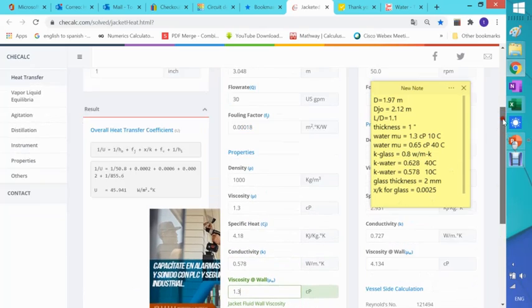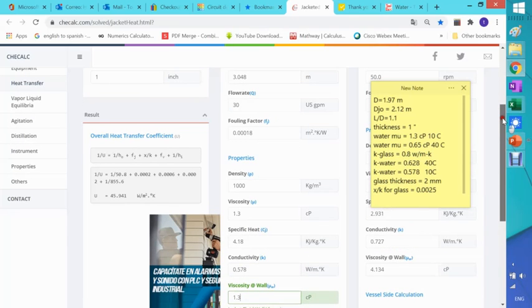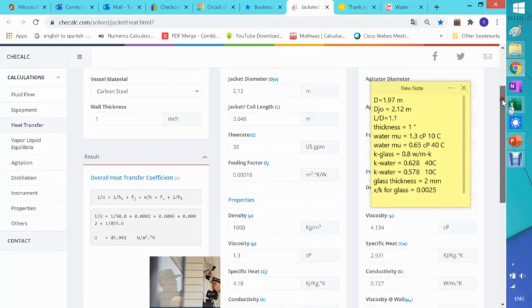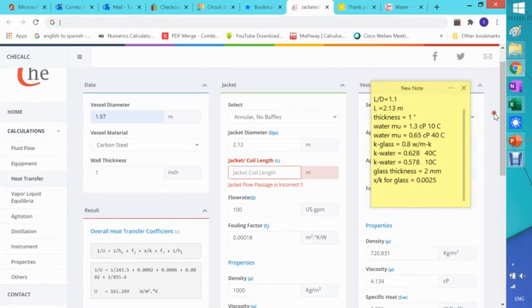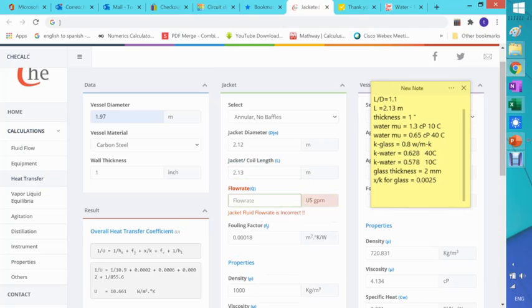I guess that will get all the data that I need. Let me check one more number here. Jacket or coil length. In this case it will be jacket length, 2.13.